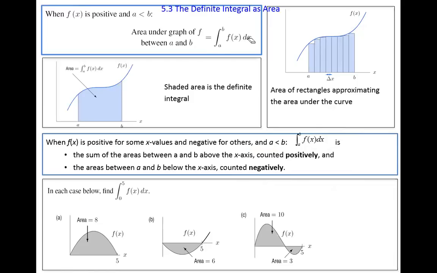And everything is fine, and we probably understand it if f of x is positive, right? Because we probably didn't realize, but all of my functions were above the x-axis, something like this one. Function positive, the whole graph is above the x-axis between a and b. And then we can say, yes, that's the area under the curve, and that's the definite integral.